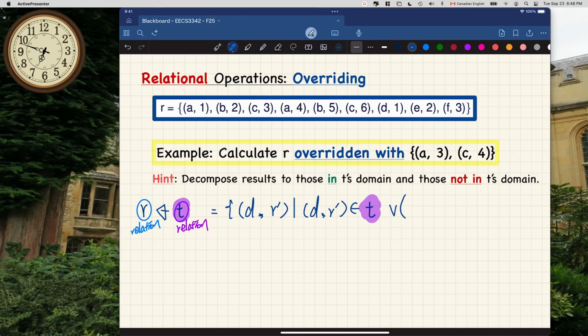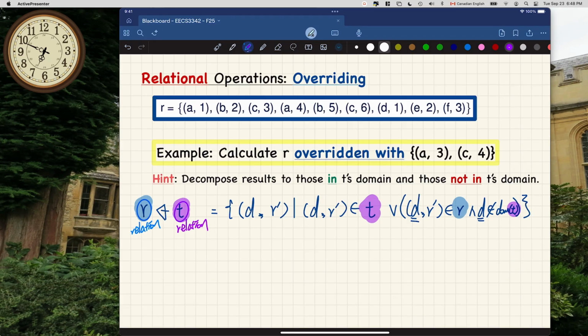This part is slightly more complicated: D and R prime is in R, the first relation. However, it is required that the D here is not in the domain of T. That's the definition.